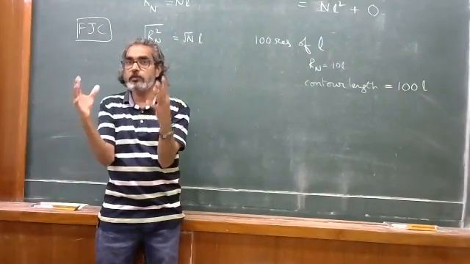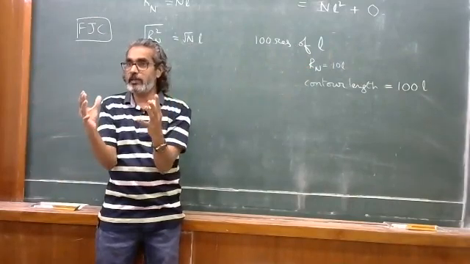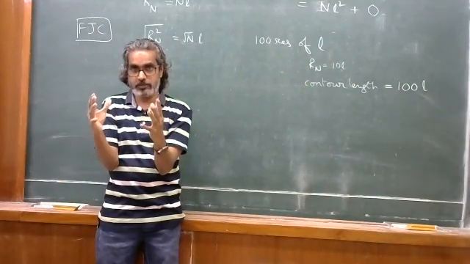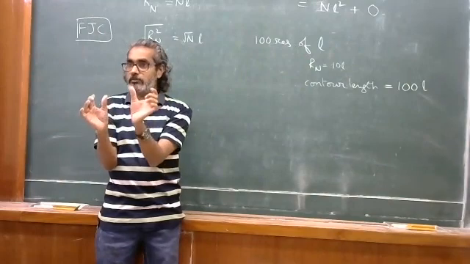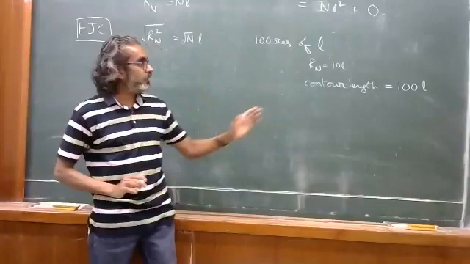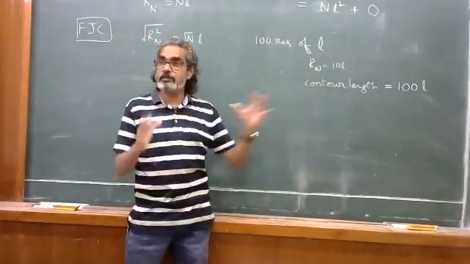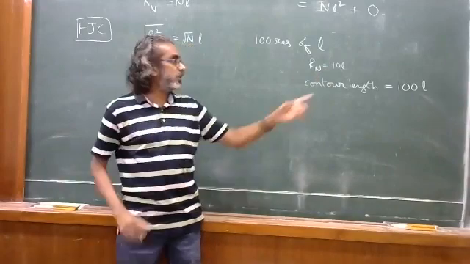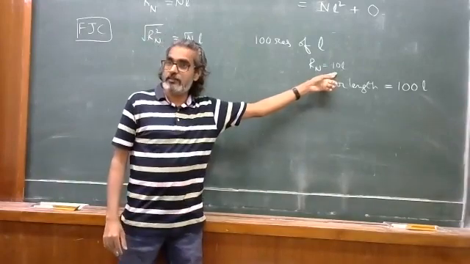But now you have an average value without even calculating. If it is a truly freely jointed chain and you know the size of the monomer and the number of monomers, you can get the average end-to-end size, which is basically 10 times the length.